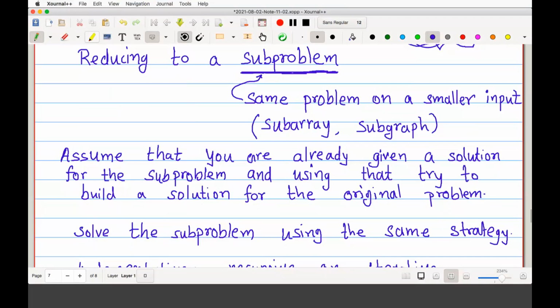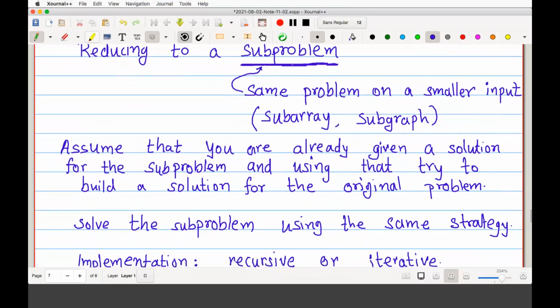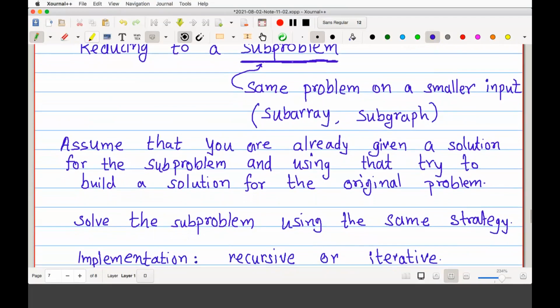Then that smaller input becomes your actual input, and you apply the same strategy on it. So you go to a further smaller input, assume a solution for that, and so on, right? That's the basic idea.